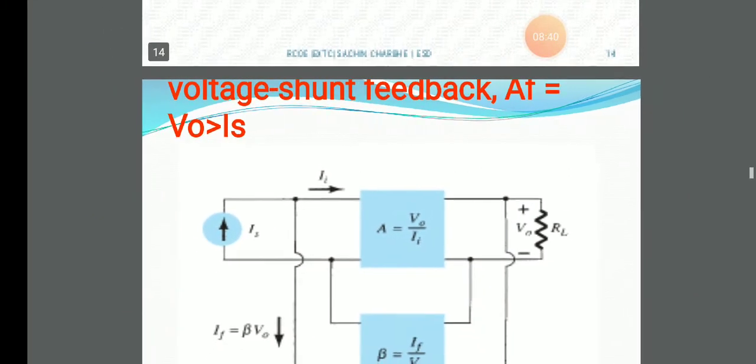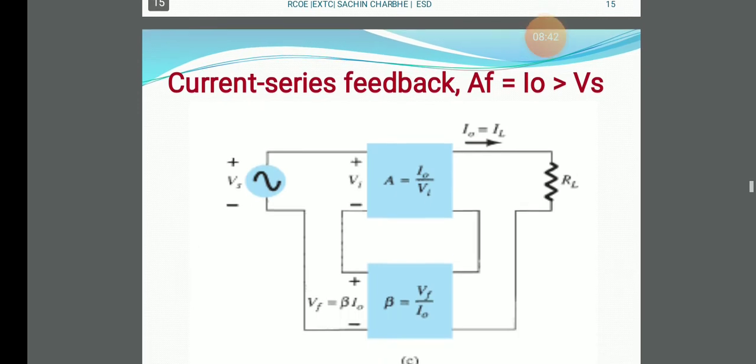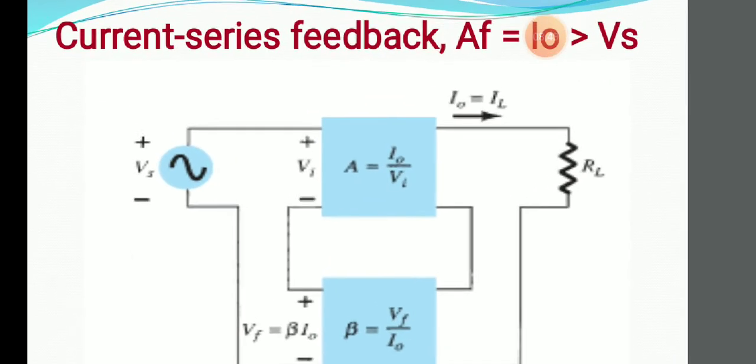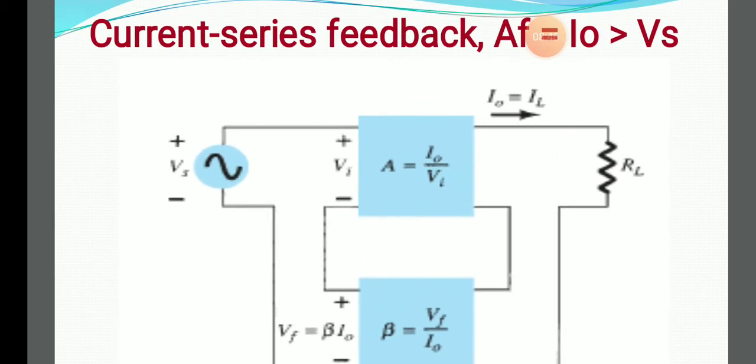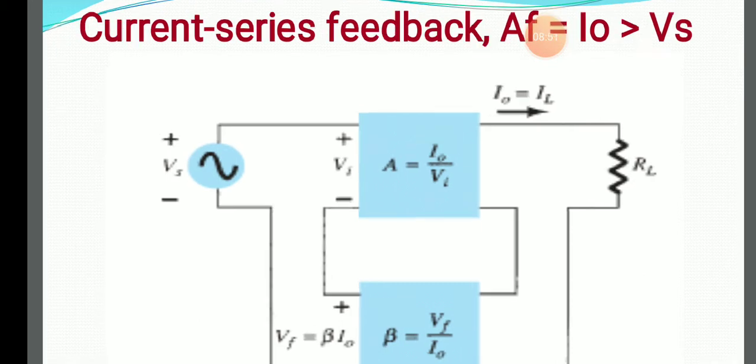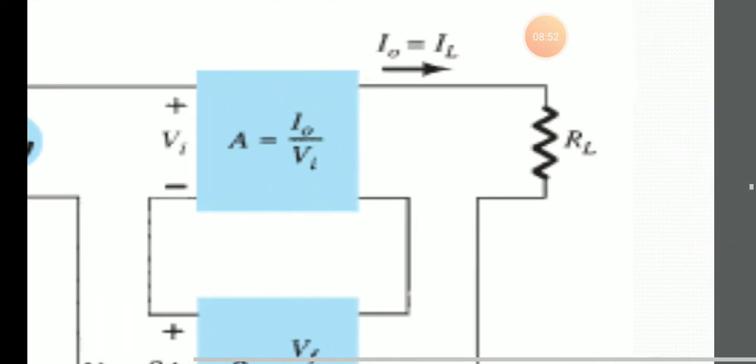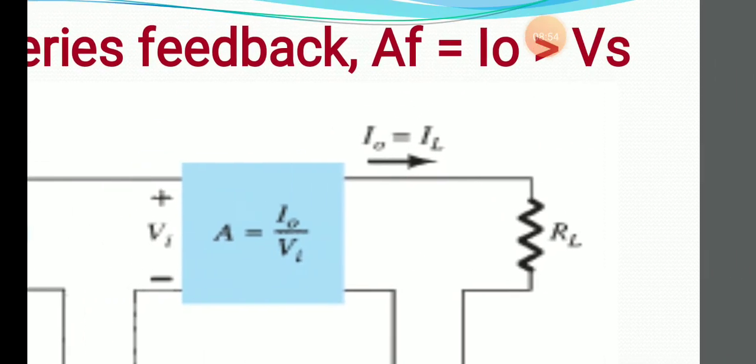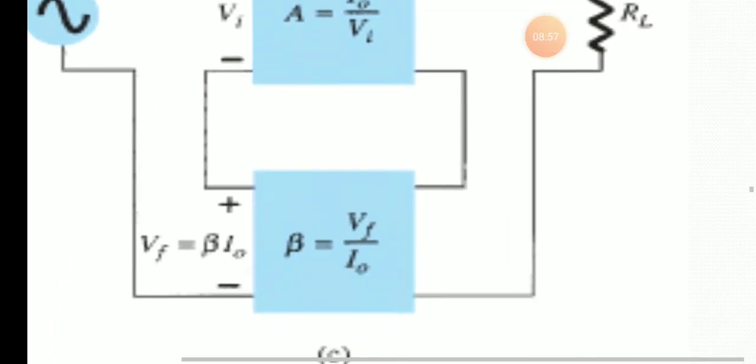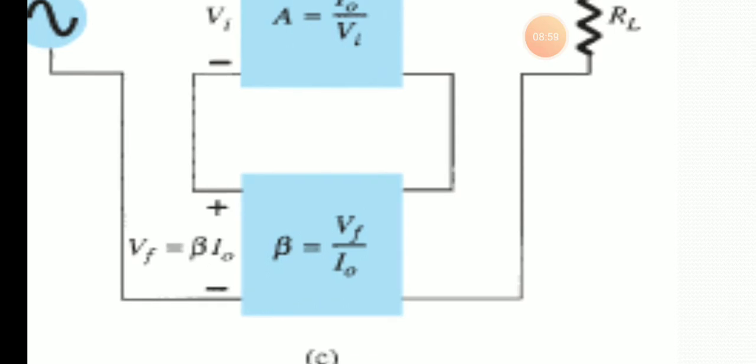Now the next is the current series feedback, that is output current by source voltage. Here we are applying the source voltage, but the output, in terms of output current, is given to the feedback element.